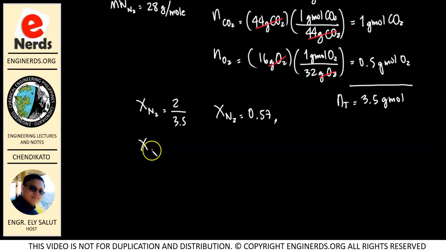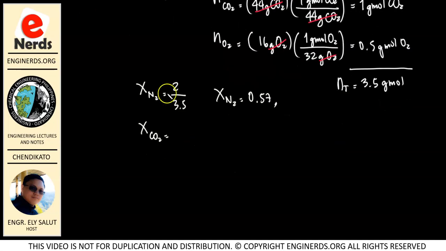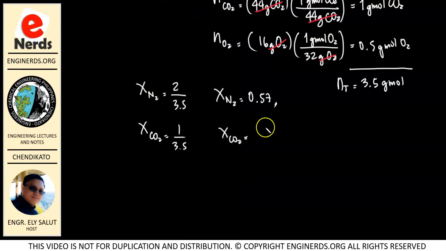Now, the mole fraction of CO2 is equal to, yung CO2 natin is 1 gram mole. So, we have 1 over 3.5, which is equal to 1 divided by 3.5 is 0.286. Okay, 0.286.